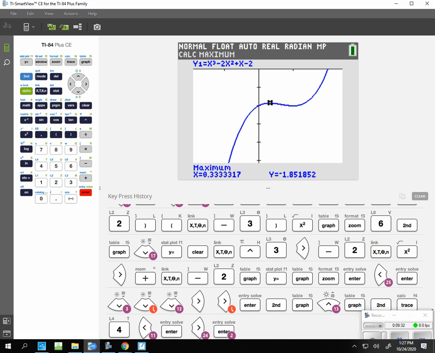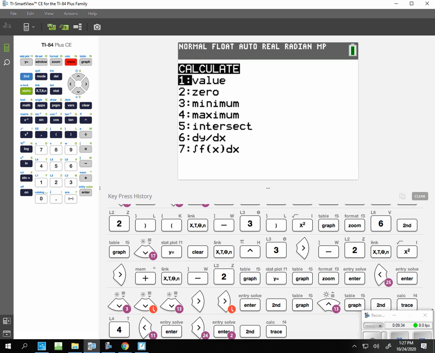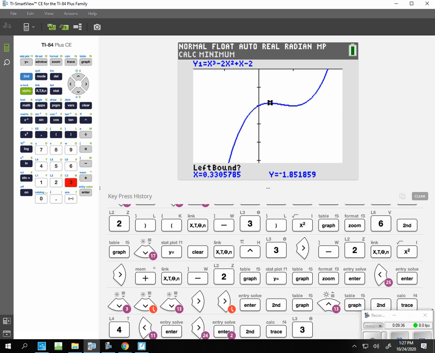Okay. Next, I want to find the minimum. So I'm going to hit second, trace, and go to number 3, and that's a minimum. And again, I want to go to the left of the minimum and to the right of the minimum. So I hit enter on the left-hand side. I see it's going down, and then it starts going back up. So I'm going to hit enter on the right-hand side.